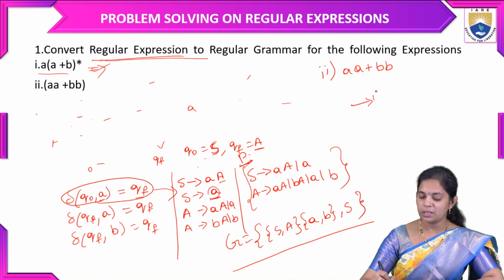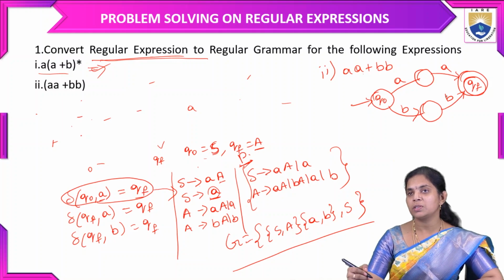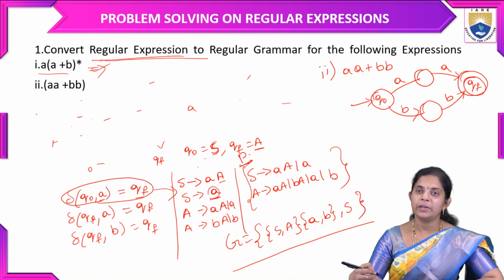Here the initial state is q naught, and with a and a, it is reaching the final state qf. And here also b, b, it is reaching the final state. So this is the simple finite automata for this aa plus bb.